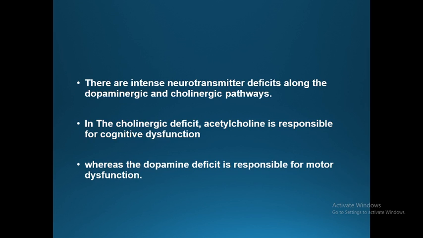For signals to transfer, when a signal comes, there must be a neurotransmitter. If the neurotransmitter is acetylcholine, we call that synapse a cholinergic synapse, or that pathway a cholinergic pathway. If the neurotransmitter is dopamine, we call that a dopaminergic synapse, or a dopaminergic pathway.